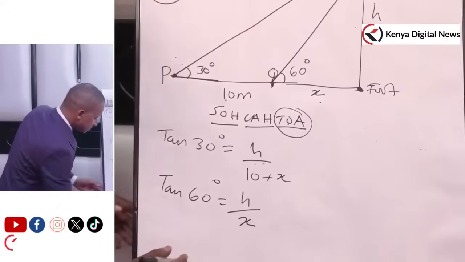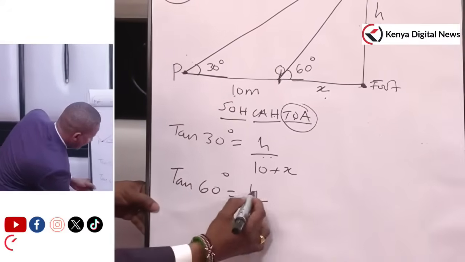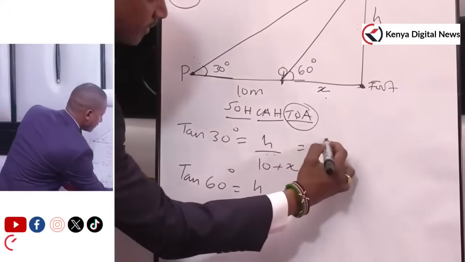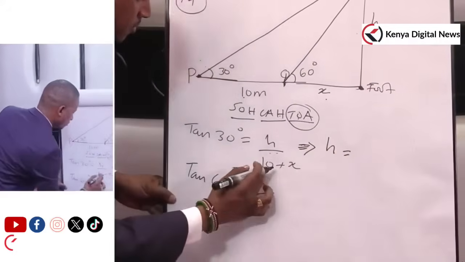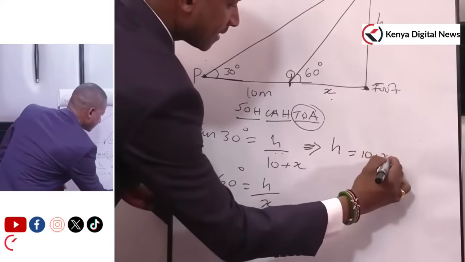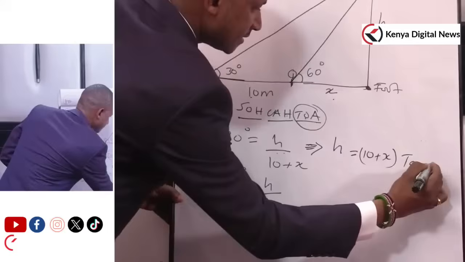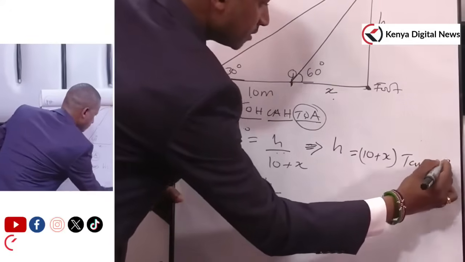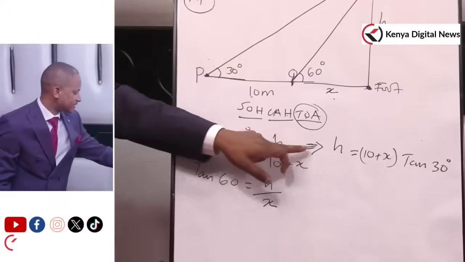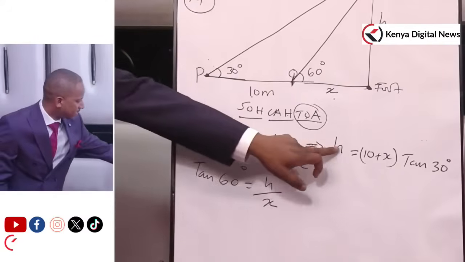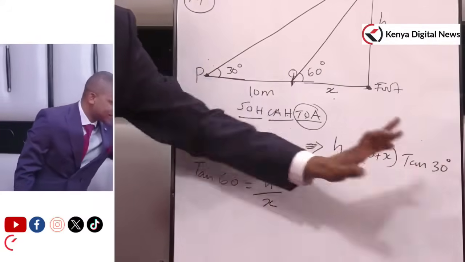So in this case, H equals 10 plus X tan 30 degrees. I've just cross multiplied both sides by 10 plus X. So I remain with H equals 10 plus X tan 30.